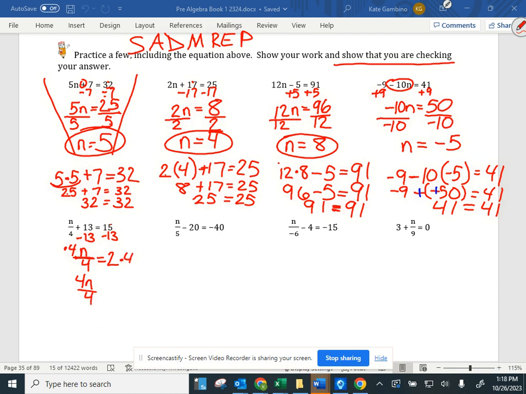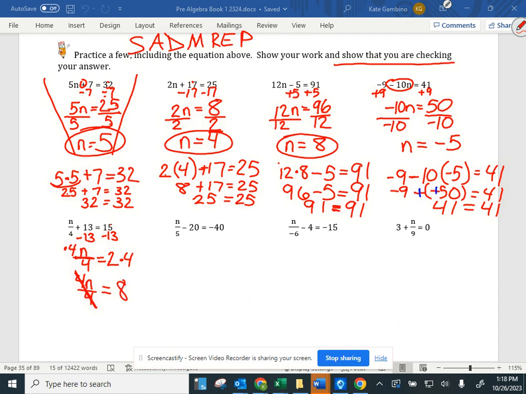And I'm going to multiply by 4 over here. 4 divided by 4 becomes just n. Okay, so when we're dividing, we have to multiply it through. And we can divide out that 4 divided by 4. And what is 2 times 4?